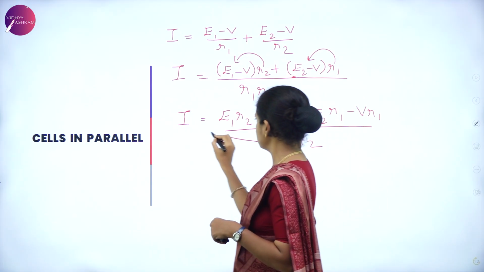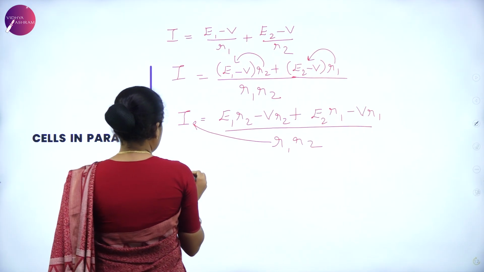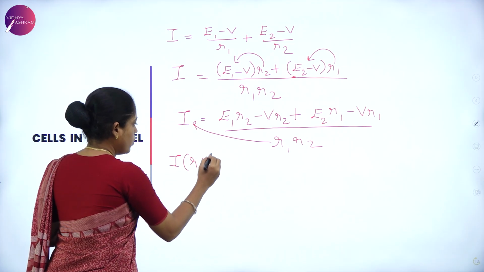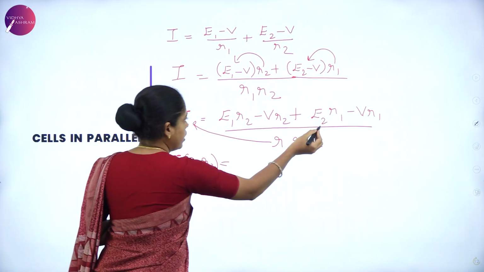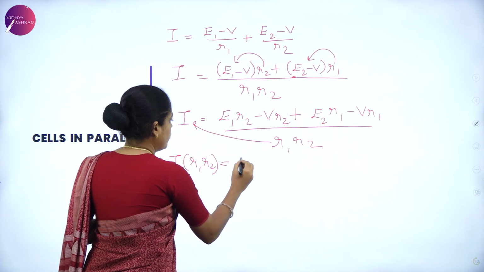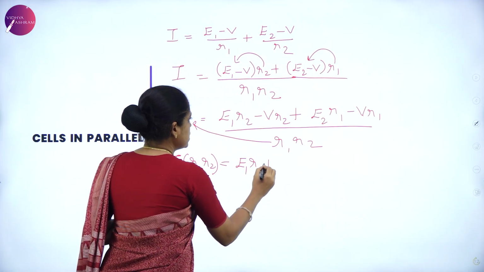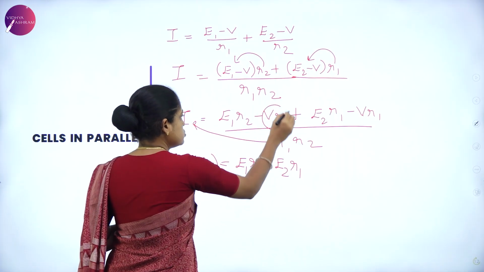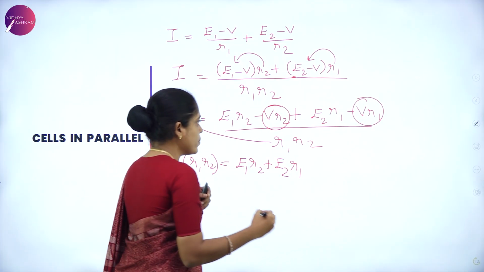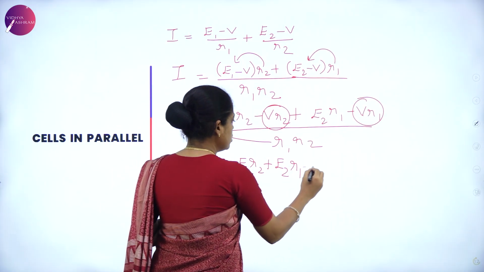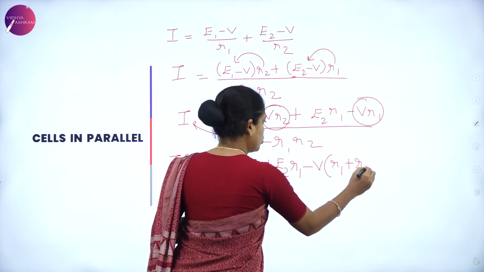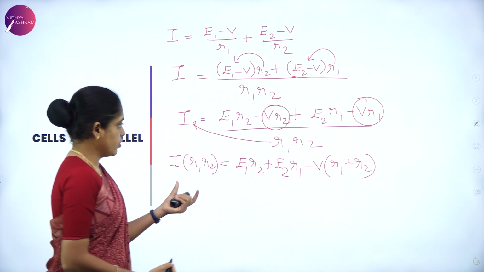Let us cross multiply this. Then I of R1 R2 equals all the E terms on one side, E1 R2 plus E2 R1. Now in these two terms we have minus V as common. So minus V of (R1 plus R2). Yeah, this is the equation.